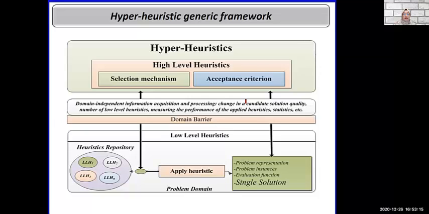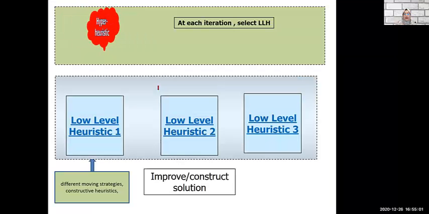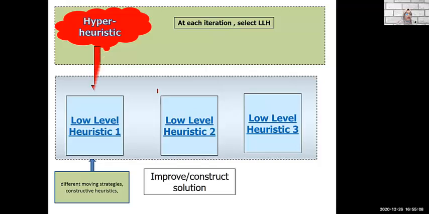And then the high-level heuristic will evaluate the performance of the low-level heuristic in order to decide for the next iteration: are we going to apply the same low-level heuristic, or should we select another low-level heuristic? So this decision is determined by the high-level heuristic. Okay, let's see how the high-level heuristic selects the low-level heuristic at each iteration.